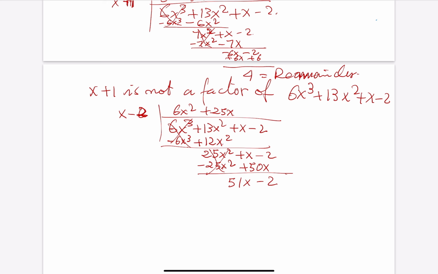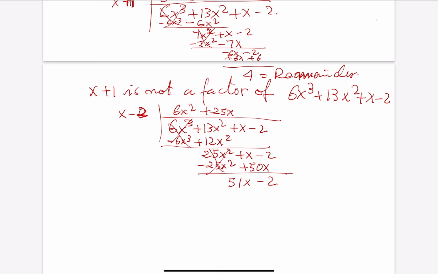And then add them up, cancel out, 25x squared. And then 25x squared, take the opposite sign, cancel out, and you have negative 50x, positive 50x now, and add them up. Here is 51x. Okay, so far so good.